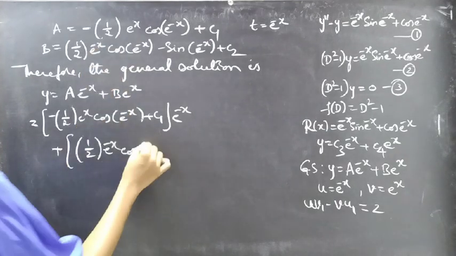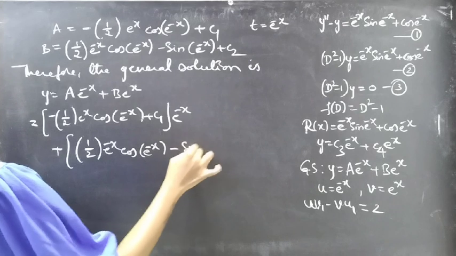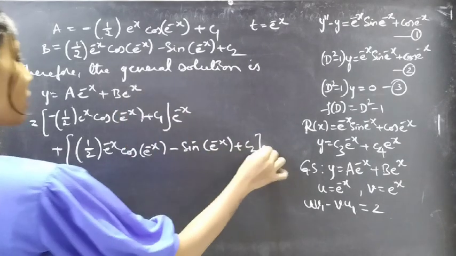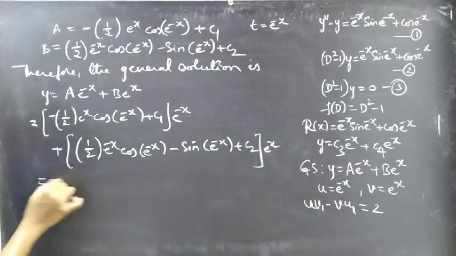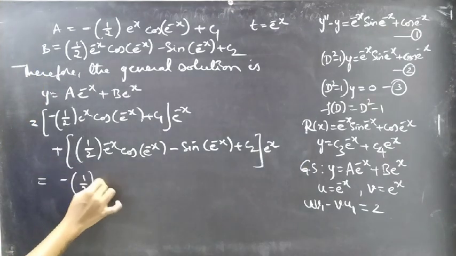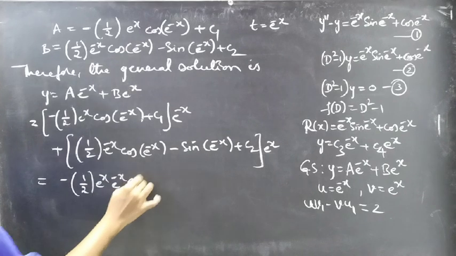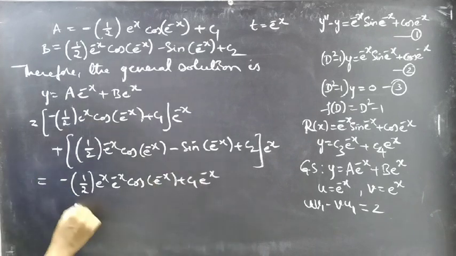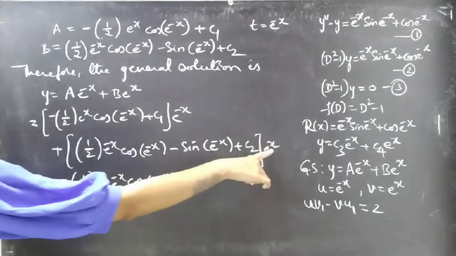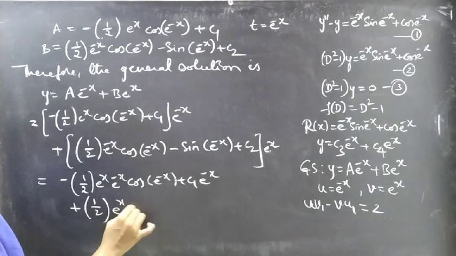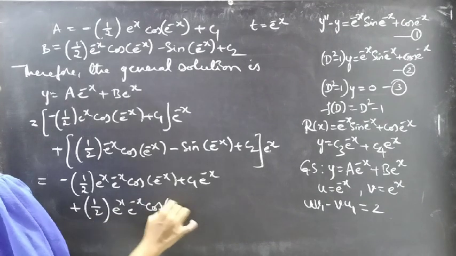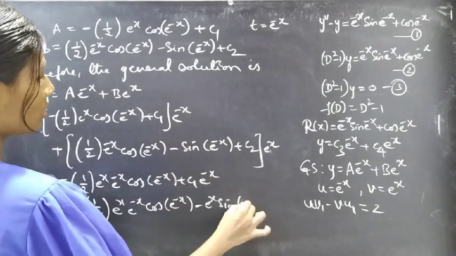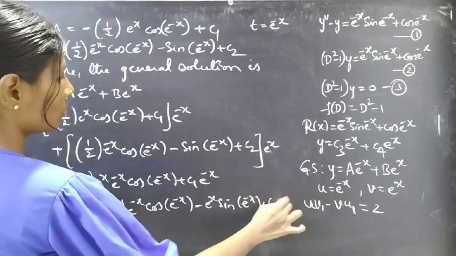You'll get minus here: cos e power minus x minus sin e power minus x plus c2, into e power x. This gives us minus 1 by 2 e power x into e power minus x cos e power minus x plus c1 e power minus x plus 1 by 2 e power x e power minus x cos e power minus x minus e power x sin e power minus x plus c2 e power x.